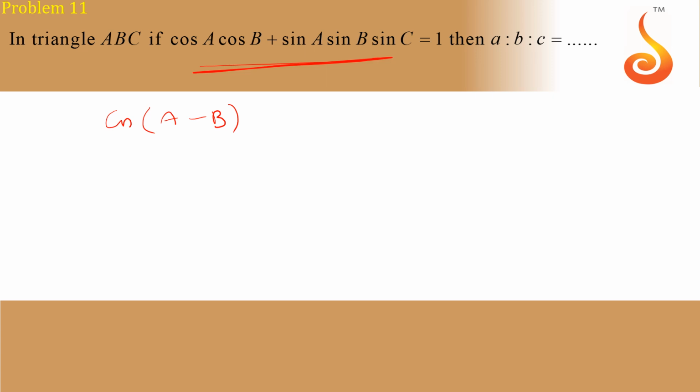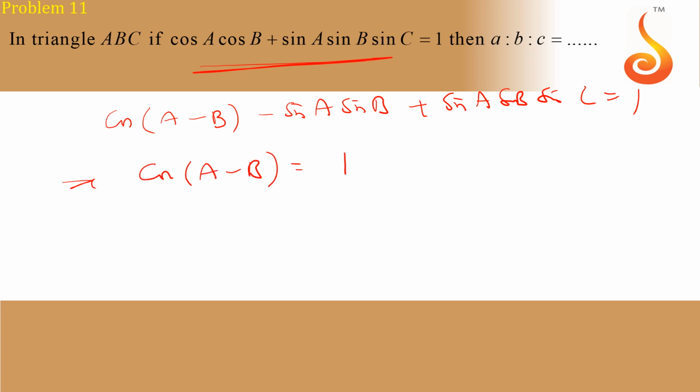Cos A cos B plus sin A sin B. So I am removing sin A sin B. So it is nothing but cos A cos B now, plus sin A sin B sin C equal to 1. Now what will be cos of A minus B? 1. In these two, minus sin A sin B is common. So 1 minus sin C will be in the brackets. Send it to the right side. So plus sin A sin B into 1 minus sin C.